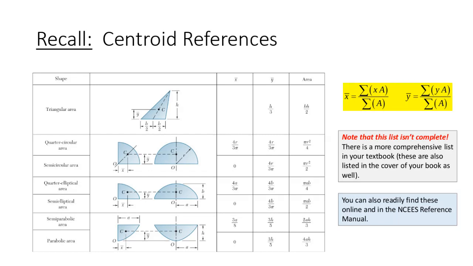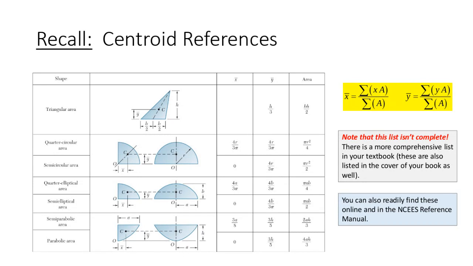Now, the one thing you do need to have with you is a centroid reference. Some of these you can probably remember, like the centroid of a triangle. I think most of you will have that memorized by the time you graduate with your engineering degree, because you'll use it so much. And then there are some other shapes like circles and rectangles where it's evident, it's easy.